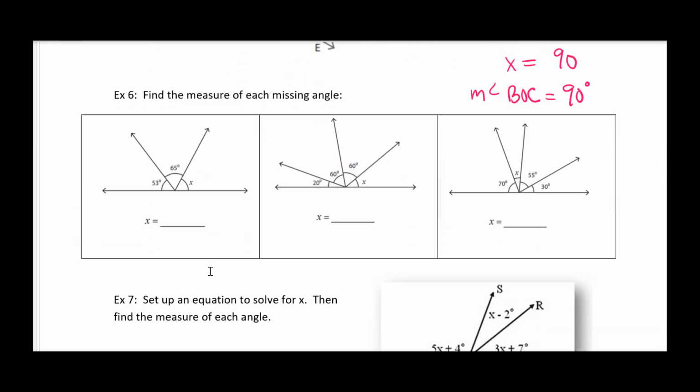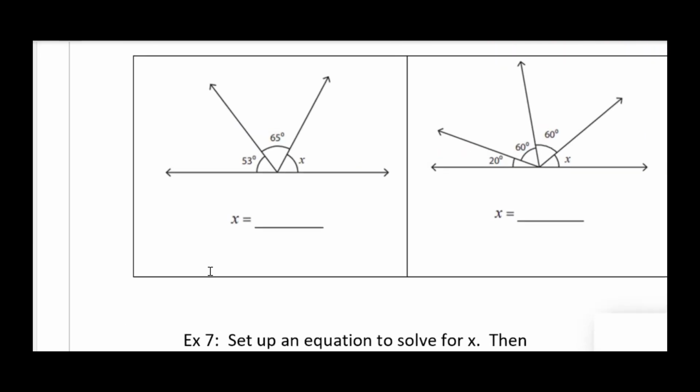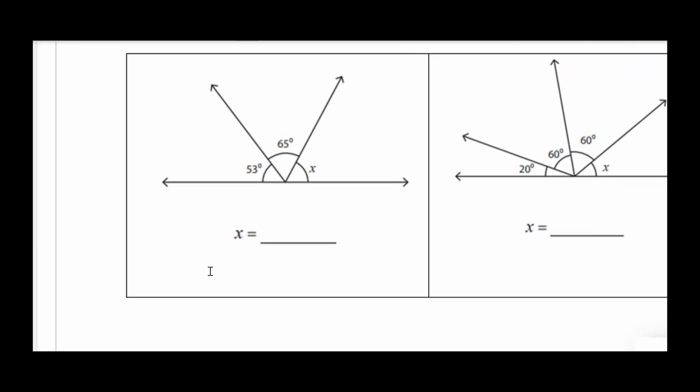So with that said, let's take a look at example 6 and check ourselves. We got 53, we got 65, and we have an X. All three of these angles make a semicircle or a straight line, and we know the sum of those angles is going to be 180. You can probably do this in your head, but think of it like this: 180 minus the 53 minus the 65.